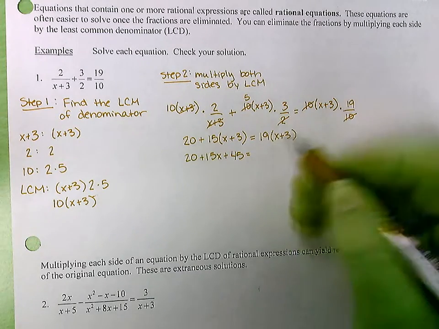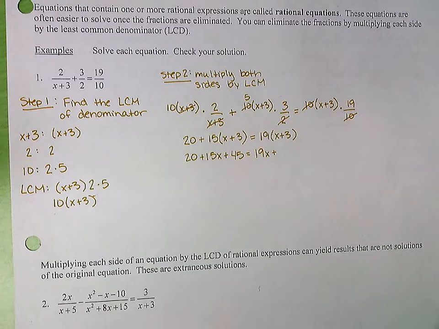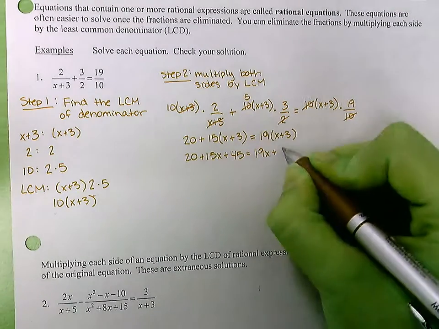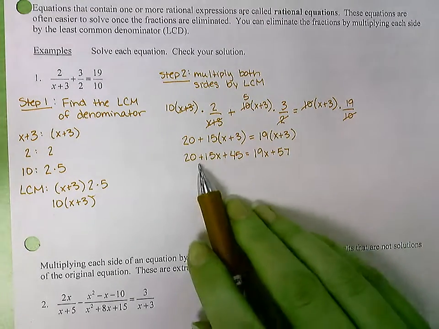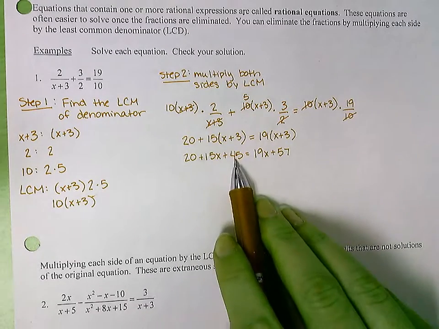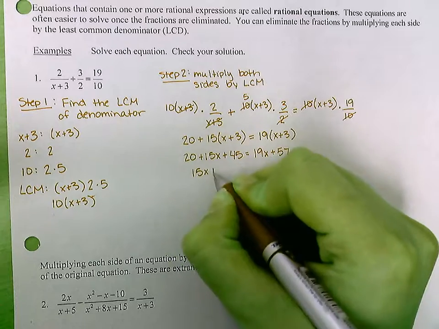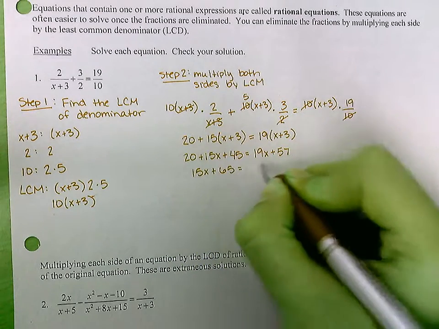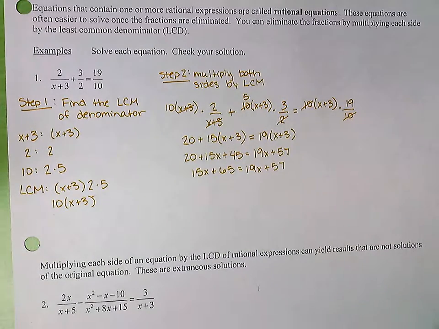I have 19 times x, which is 19x, plus 19 times 3 is 57. Okay, I have 20 and 45 on one side, so I'm going to combine those. So 15x plus 65 equals 19x plus 57.